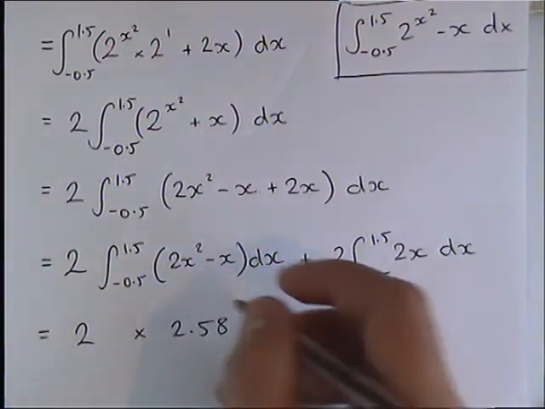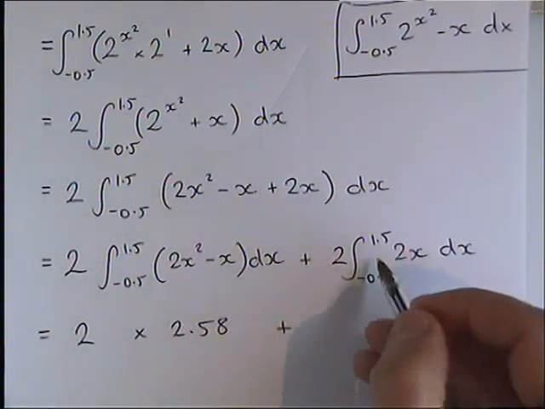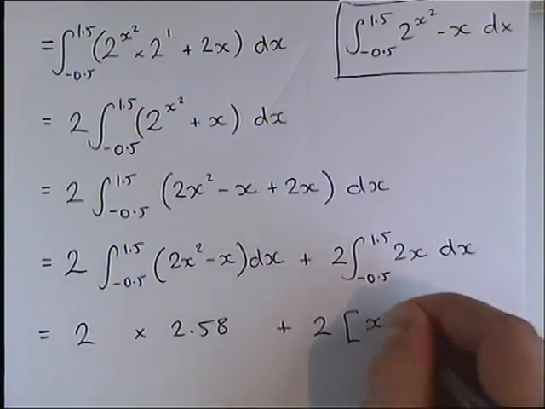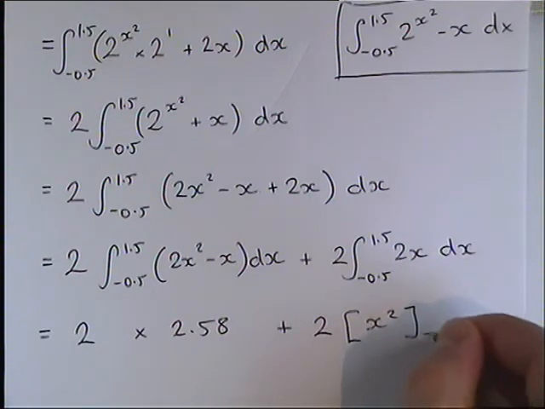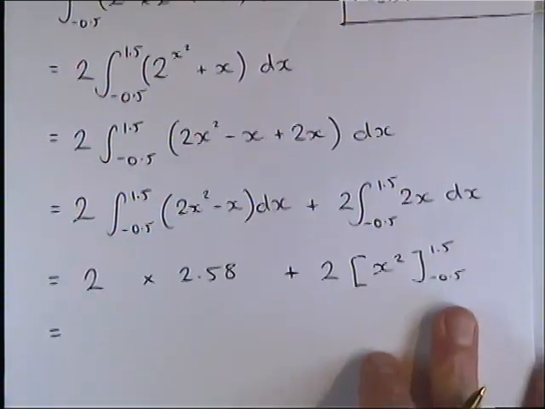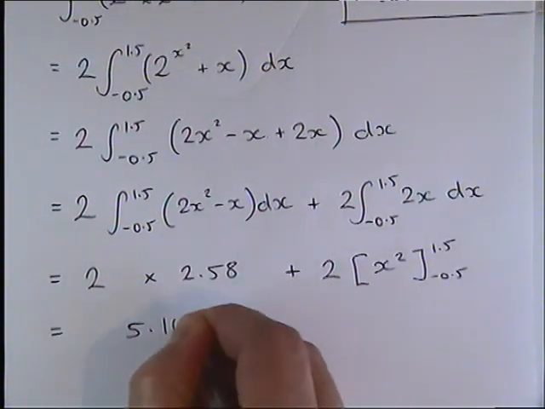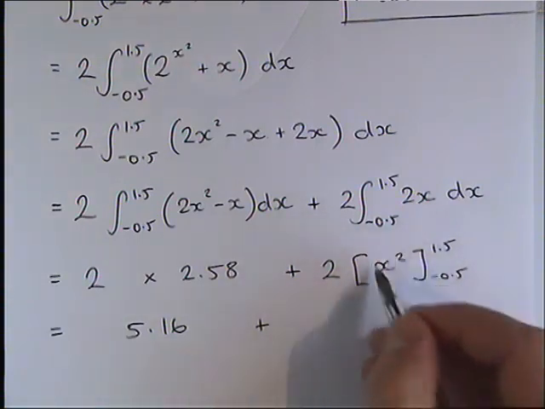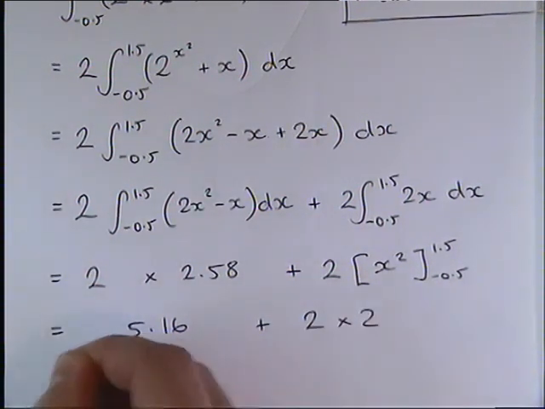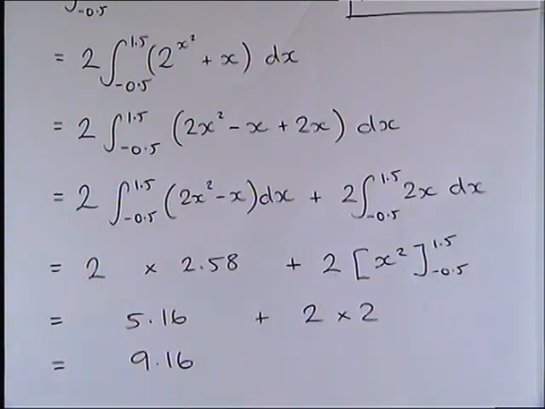So that was your answer to part A, that bit there. And then adding on two lots of, integrate 2x very easily. And what's that, 5.16 plus, and you can integrate that very easily. That turns out to be two lots of 2. So overall, final answer, 9.16.